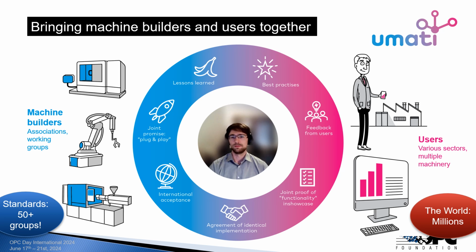We usually do this by bringing users and machine builders of a domain together. They both implement the companion specification on their side, so on the client side and server side, and then the systems work together to show that the companion specification actually enables the use cases it set out to solve.